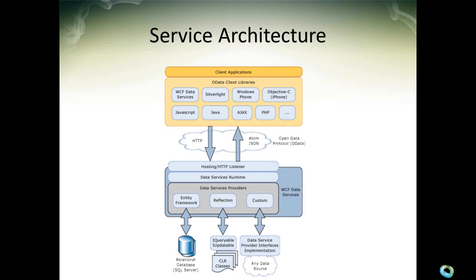Those client libraries communicate with the WCF Data Services on top of the HTTP protocol. So you can see how everything is standardized, and it can be easily consumed from any kind of application. We can build a Silverlight application that consumes a WCF Data Service, but there might also be a Java application or an iPhone application that can consume this data service.